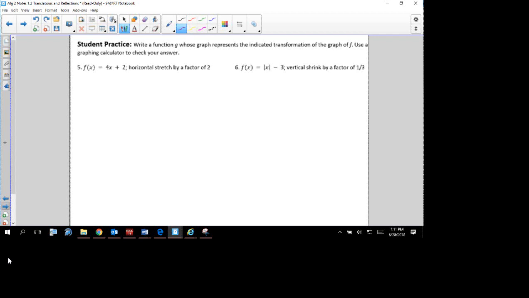Number 5. So this is horizontal, so it's on the inside, right?